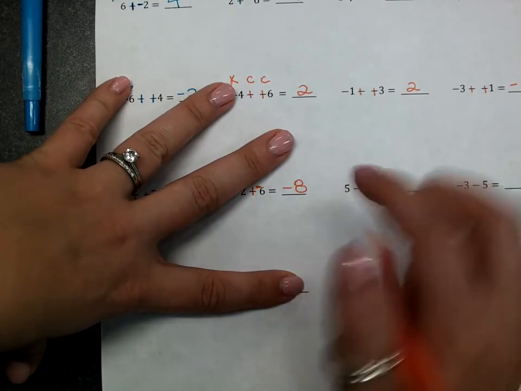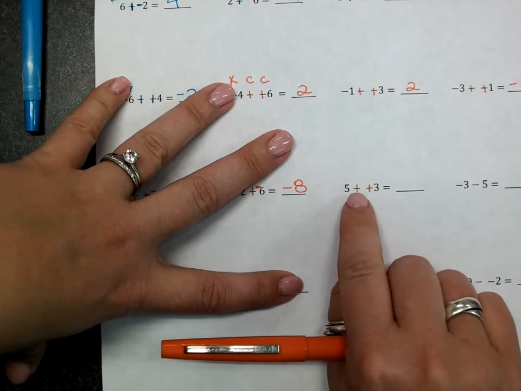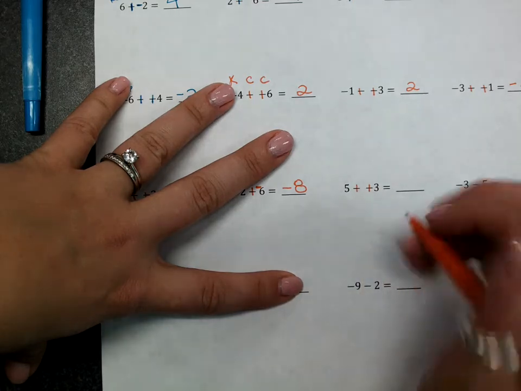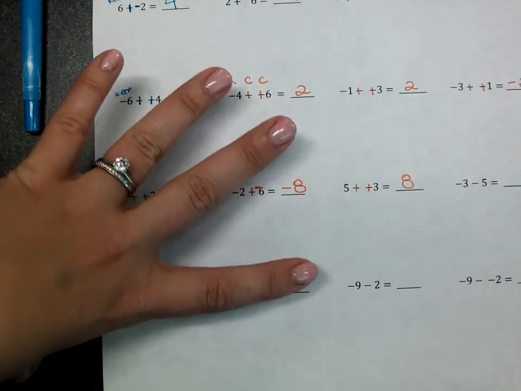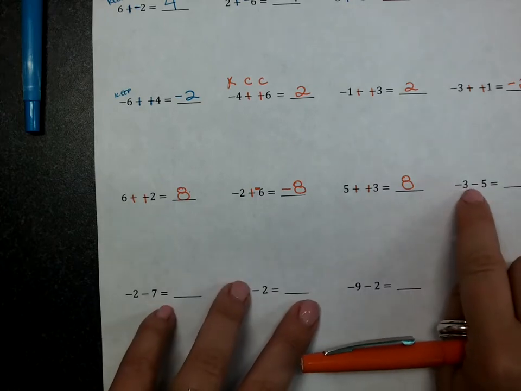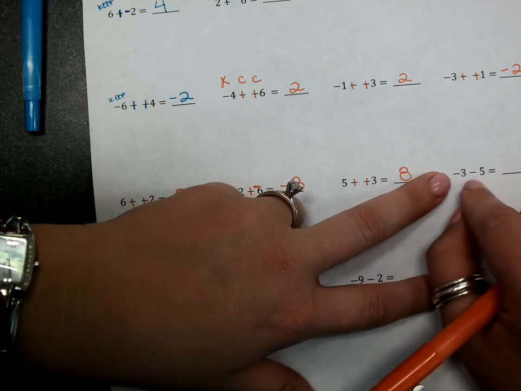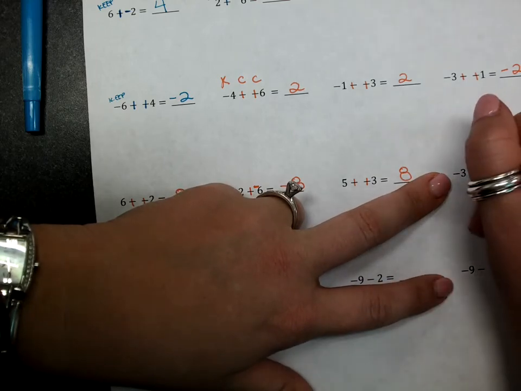Again, keep, change, change. This becomes 5 plus +3, which is +8. Keep, change, change. So we're going to keep the -3. We're going to change the symbol we see to a positive.